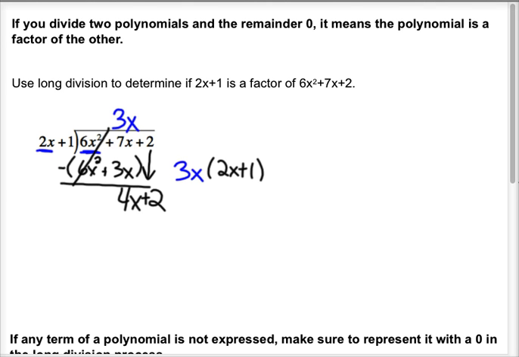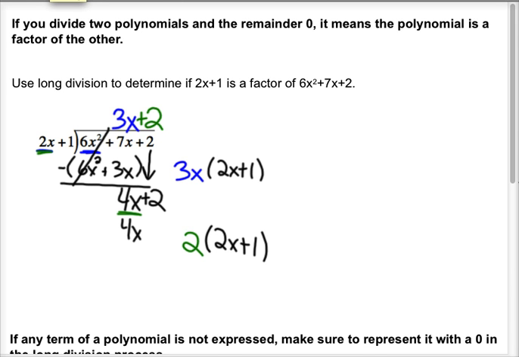Once you've done that, now we do the same process over again. So this time I'm looking at the 4x, and I want to see what can I multiply 2x by to cancel that 4x. Well, if I take 2x times 2, so I put that 2 up there, that'll give me 4x. So I take that 2 and I multiply it by that whole 2x plus 1.